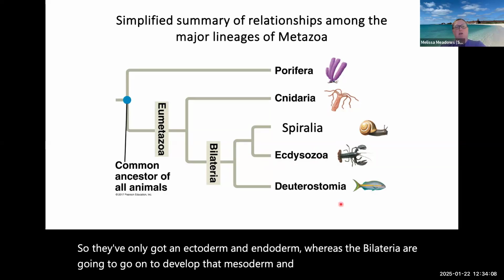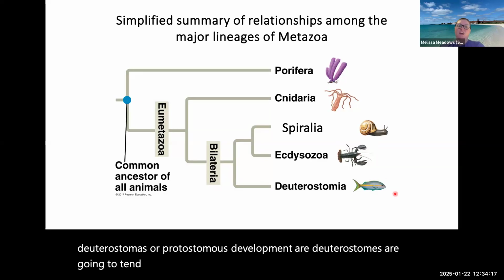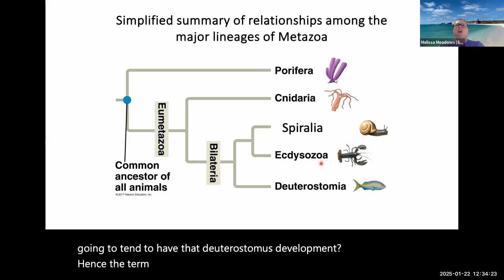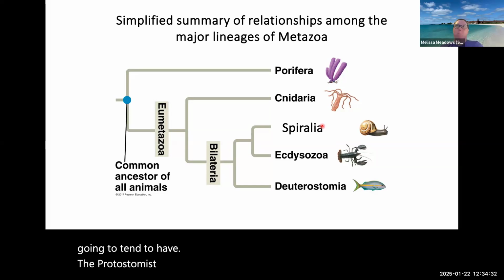And then our deuterostomes are going to tend to have deuterostome development, hence the term. And these other guys in the ecdysozoa and spiralia are going to tend to have protostome development.